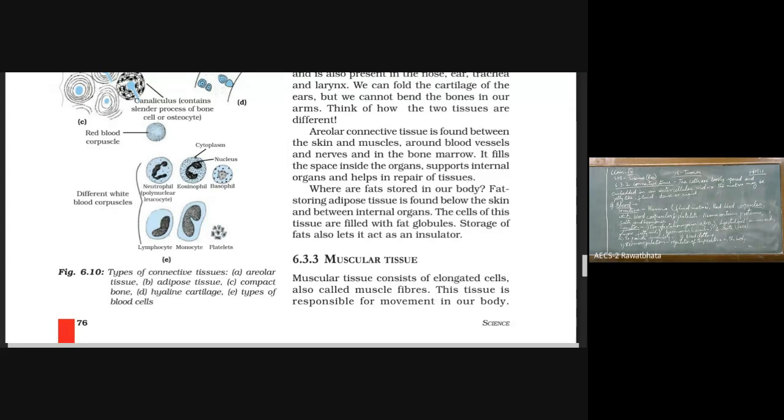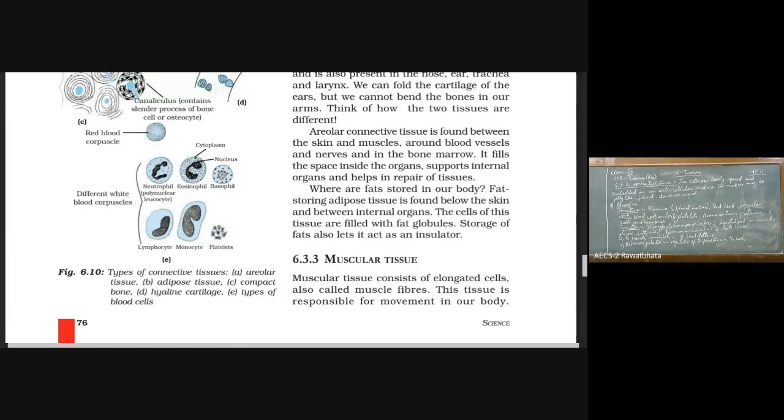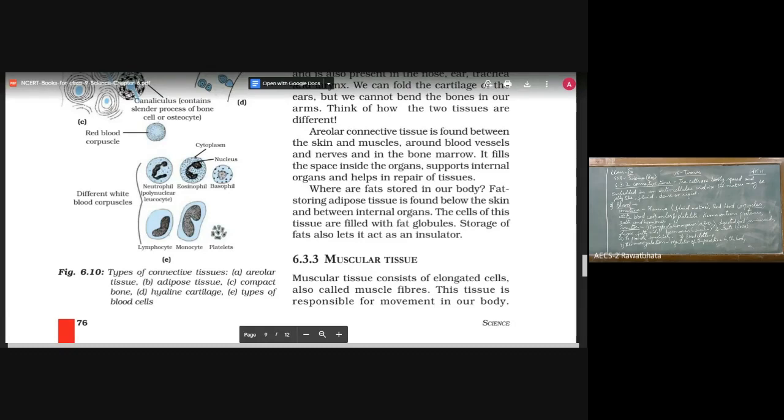If they are taking a basic stain, we call it basophil. If they are neutral, and if they are taking another stain, eosinophil. And of course, they will be having lymphocyte and monocyte also. All these 5 are the different types of WBCs, white blood cells. And platelets again. So 3 types of blood cells are clearly visible to us in the diagram: RBC, then these 5 WBC, and the platelets.